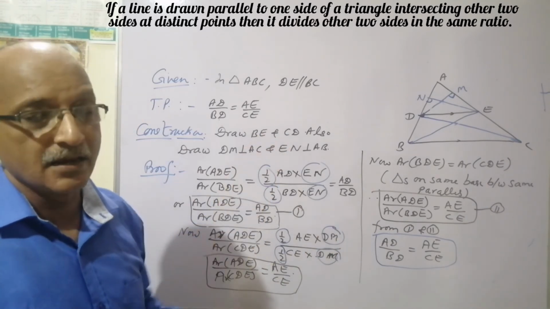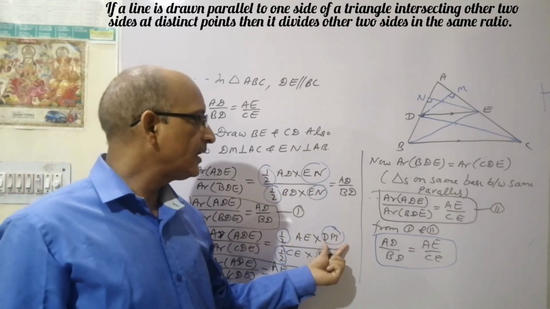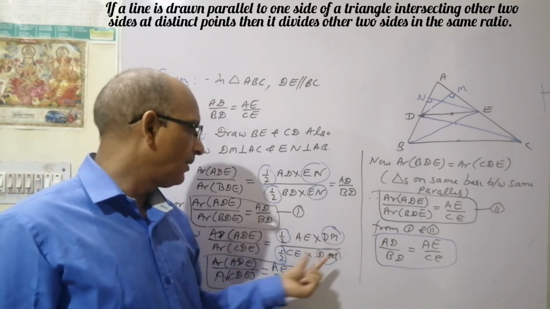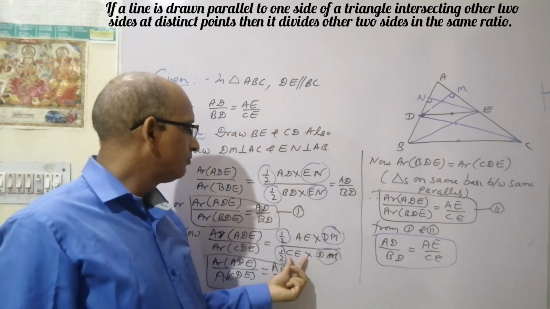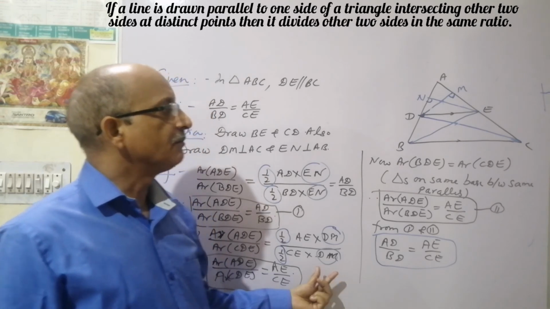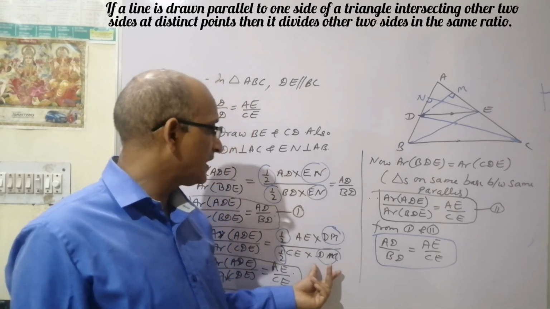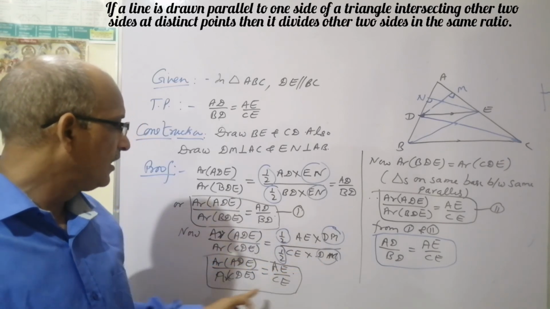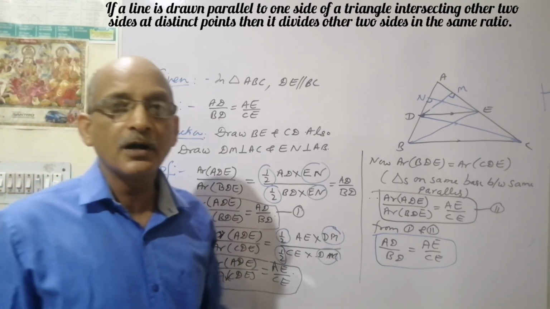We consider AE as the base, and the corresponding height of the triangle on base AE is DM, so half AE into DM. For CDE, we need CE, so half CE into the corresponding height, which is again DM. You can rewind the video and see how I explained it. Half and half will cancel, DM and DM will cancel, and we get area ADE upon area CDE equal to AE upon CE.